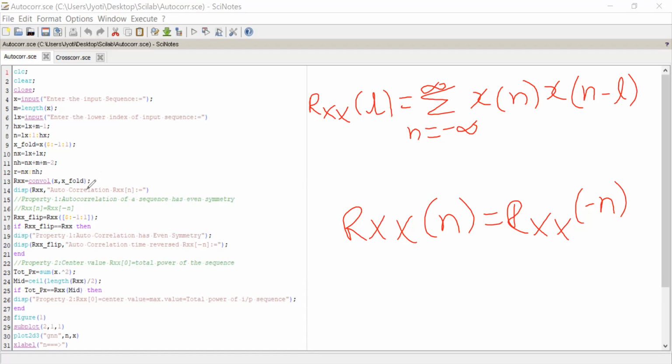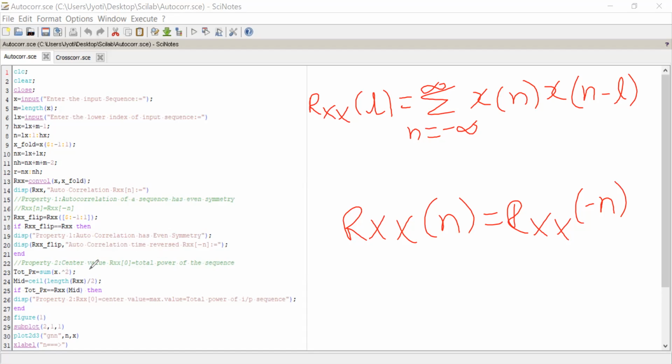What they are saying is the center value of Rxx, that is Rxx of 0. If this center value Rxx of 0 is equal to the total power of the sequence, then the autocorrelation property holds good.